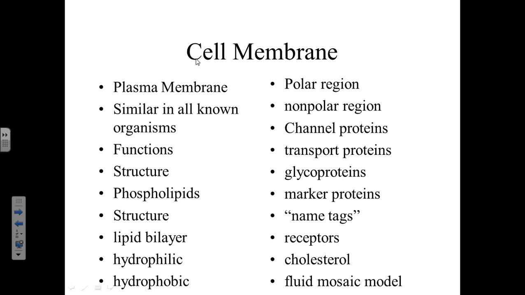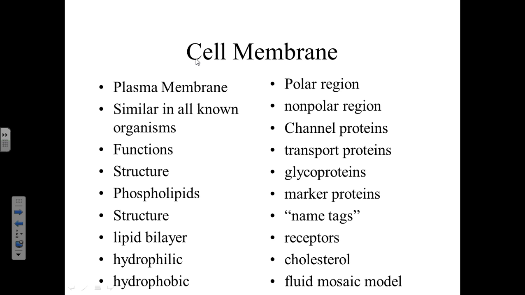Then we started talking a little bit about the different parts. Yesterday we talked about the membrane, the plasma membrane or the cell membrane. We said it's mostly made out of two layers of what? What's the membrane mostly made out of? Two layers of lipids. It's called the lipid bilayer, right? The phospholipid bilayer.